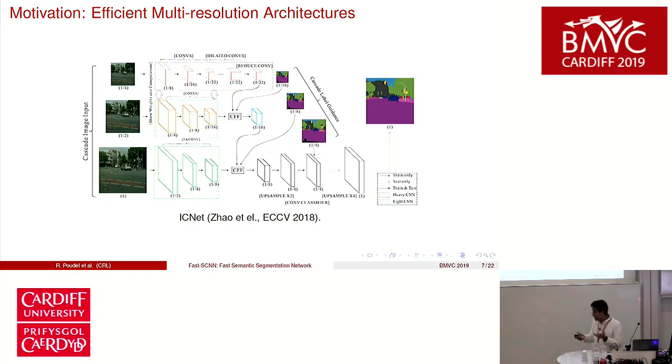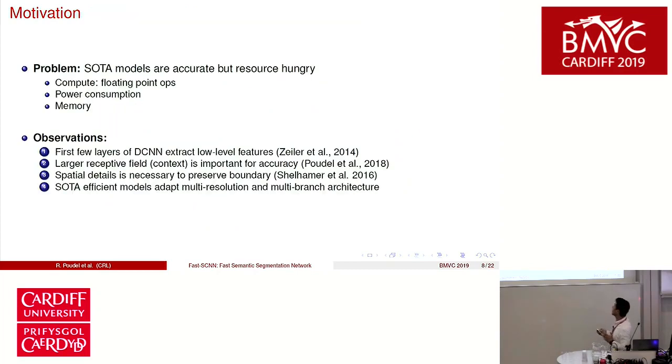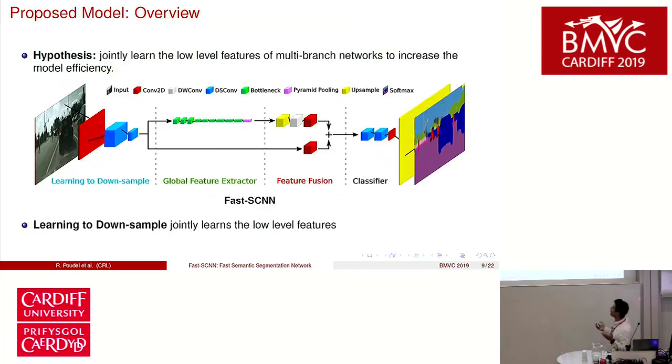Because the bilinear downsampling may be dropping other kinds of information that are more important, so you can pull whatever is more important for your context layer, right? That is the key observation we had. And based on all these observations, we propose Fast-SCNN.